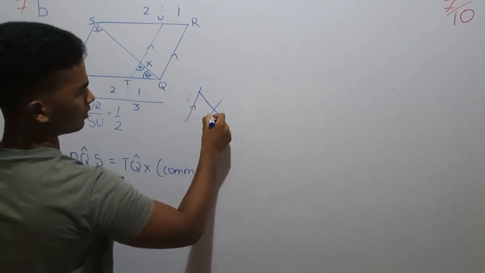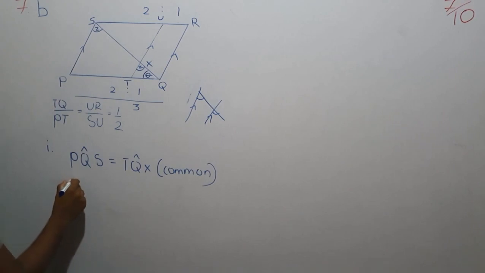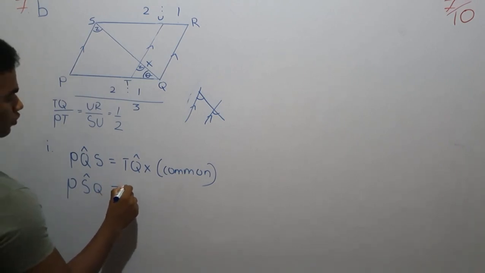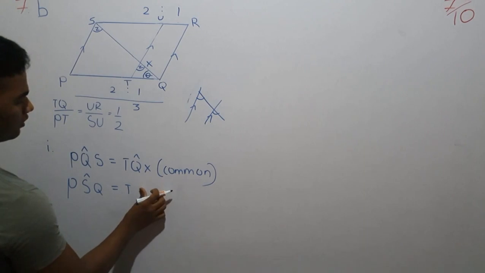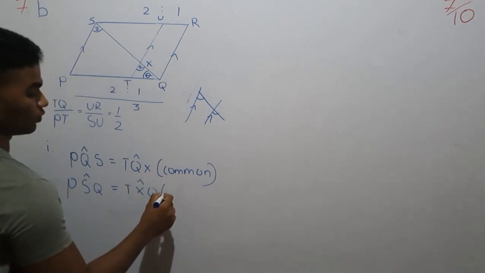These two are parallel and these two angles are equal. So we can write PSQ is equal to TXQ. What is the reason? Corresponding angles.